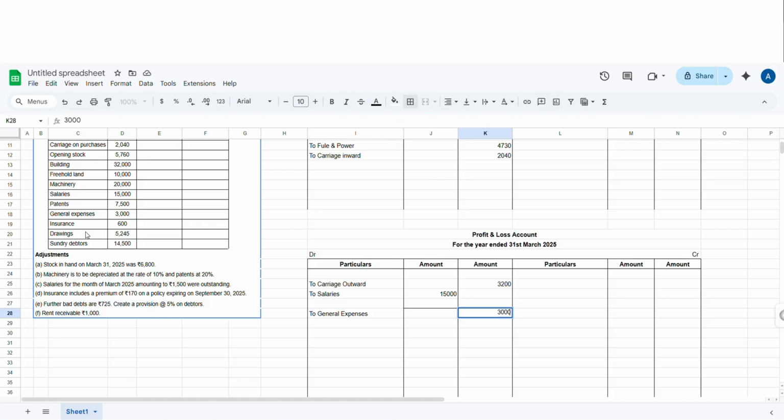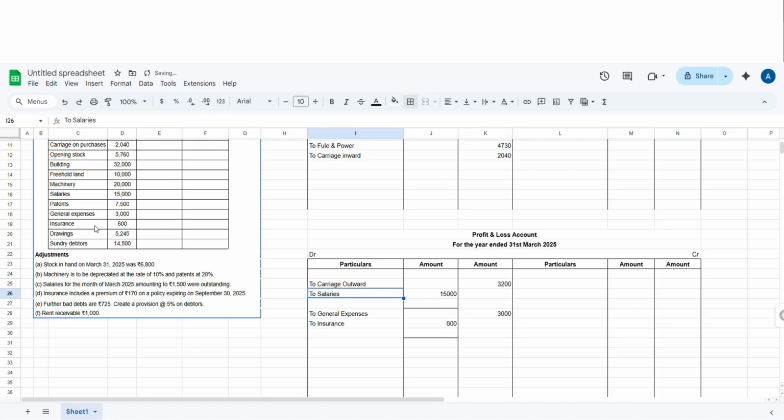Then we have insurance, that is 600 rupees. Insurance is indirect expenses, so profit and loss account debit side, to insurance 600 rupees. We have an adjustment on insurance, so inner column 600 rupees. Then we'll mark it for the adjustment.